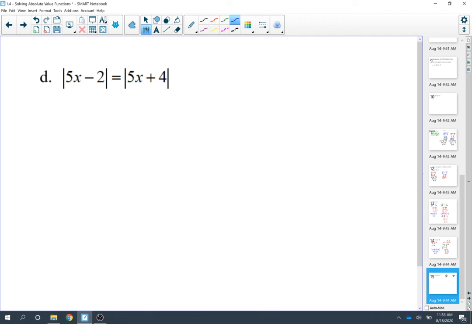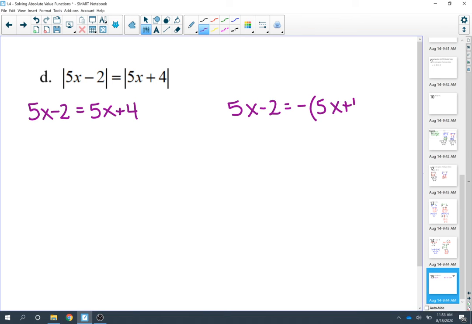Last one, letter D. Absolute value of 5x minus 2 equals the absolute value of 5x plus 4. Okay, first equation, 5x minus 2 equals 5x plus 4. Second equation, 5x minus 2 equals the opposite of 5x plus 4.